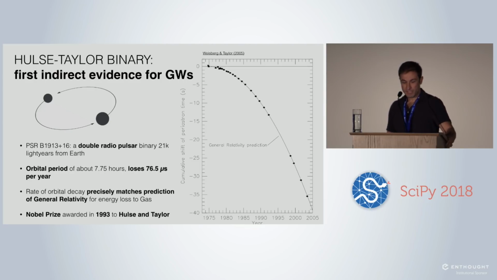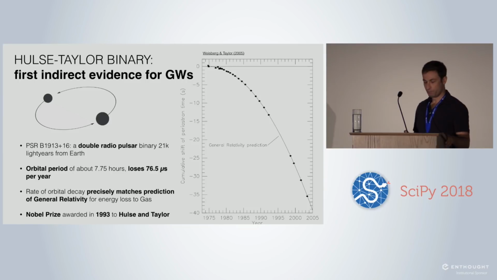Now, we've actually known that gravitational waves are real for several decades. And the strongest evidence that we had for a long time came from binary pulsars.